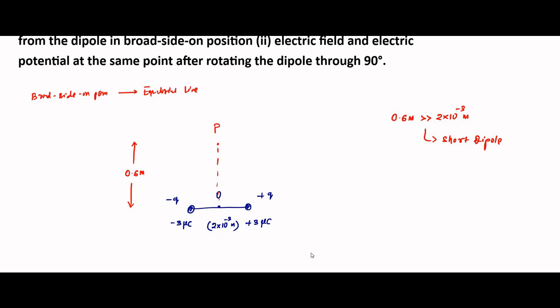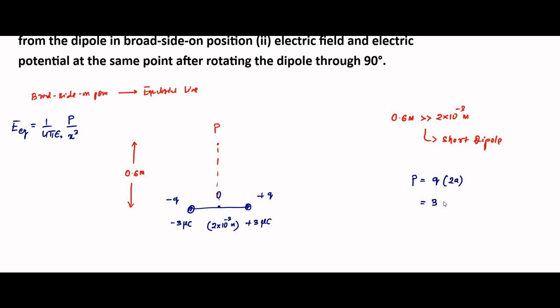First we have to calculate the electric field along the equatorial line for a short dipole, that is equal to 1 by 4 pi epsilon 0 into P by x cube, where P is the electric dipole moment, P is equal to Q into 2a, where 2a is the separation gap and Q is the magnitude of either charge.